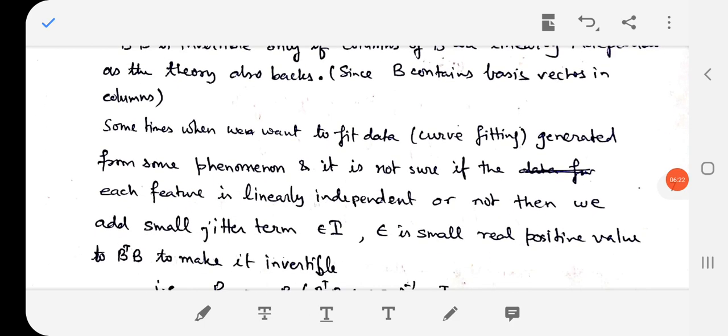So in general, this is basically the least squares method of projecting onto the subspace. Let us suppose we have certain data, we have certain features, and we don't know whether they are linearly dependent or independent, and we want to fit the data.